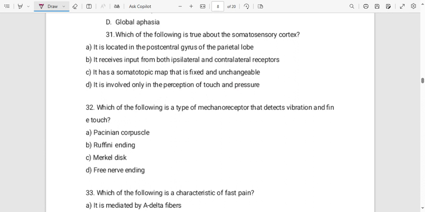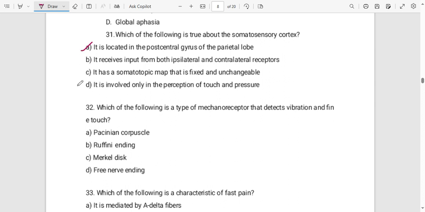C. It has a somatotopic map that is changeable. D. It is involved only in the perception of touch and pressure. Anyone that can help with this one? A. Thank you so much. It's located in the postcentral gyrus of the parietal lobe.